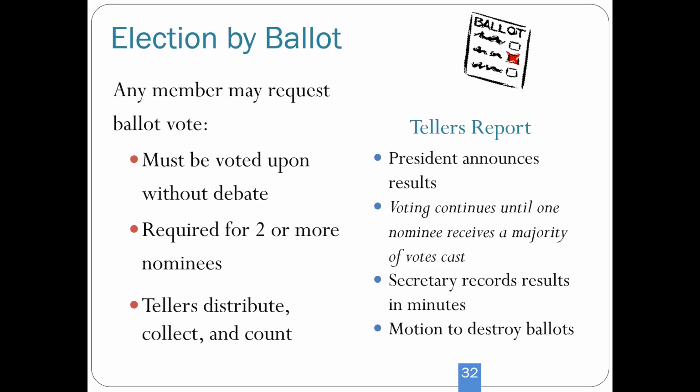The tellers would then distribute, collect, and count the votes. The tellers report, the president announces the results, and the voting continues until one nominee receives a majority of votes cast. The secretary records the results in the minutes, and there always has to be a motion to destroy ballots at the conclusion of the ballot vote.